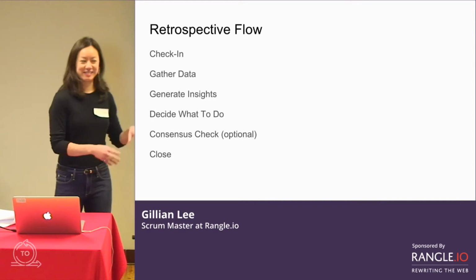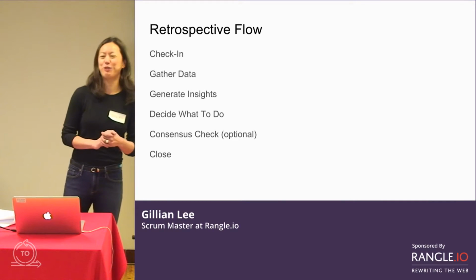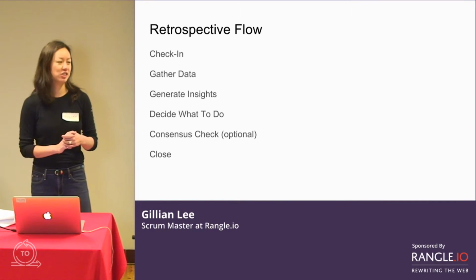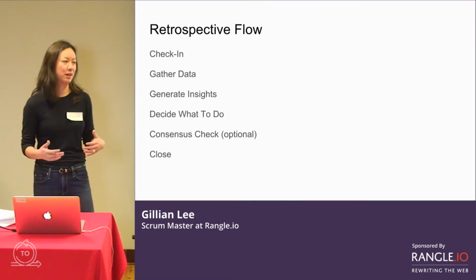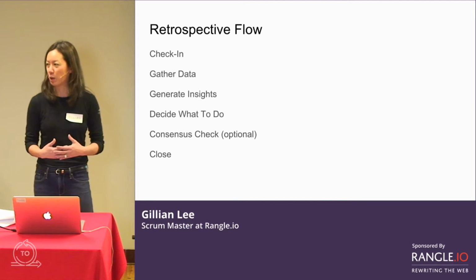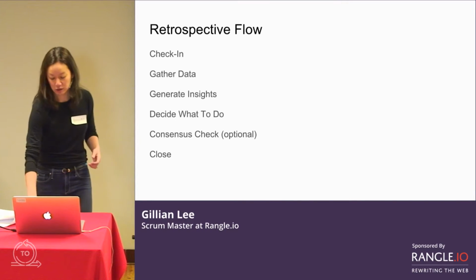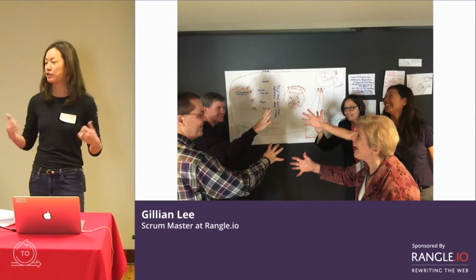Something that I like to do that's not part of the official retrospective flow is to do a consensus check at the end of the retrospective to ensure that everyone on the team is really bought into what we're doing moving forwards. A really easy way to do this is what's called a fist of five.